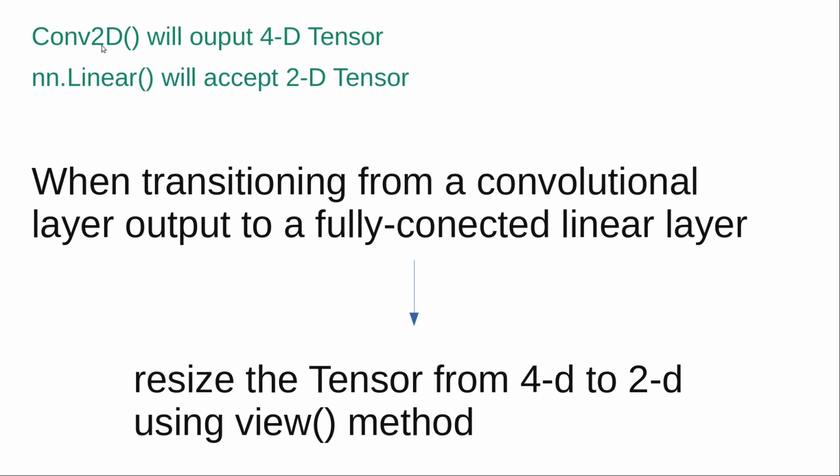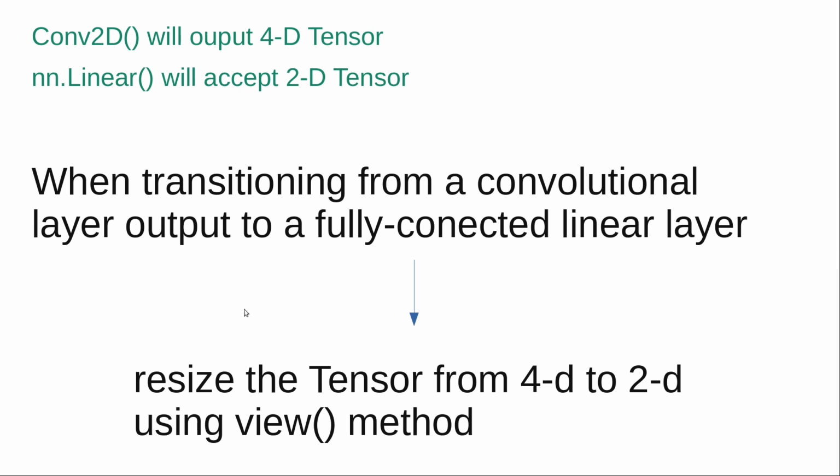So I cannot directly feed the output of the conv2d layer to my linear layer. Hence, I have to reshape the tensor. So this is the rule: when transitioning from a convolutional layer output to a fully connected linear layer, resize your tensor from 4 dimensions to 2 dimensions using the view method.